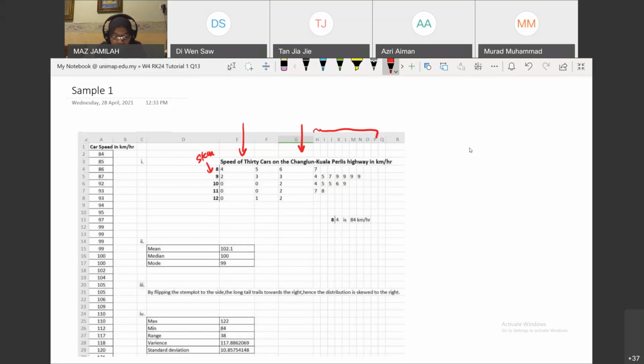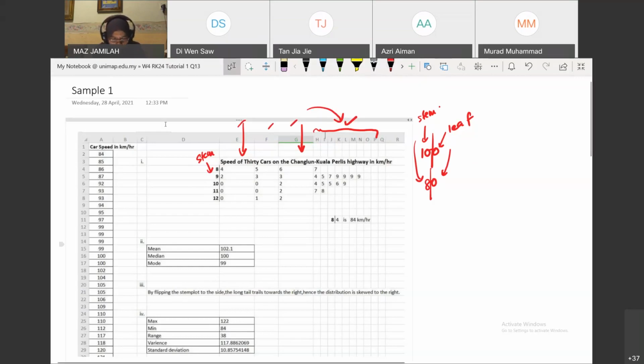So the stem will involve the rest of the digits before the last. If you have, say, 100, this will be your leaf, and the rest will be the stem. If you have 80, then you will have this particular division. For this particular case, it becomes a bit unorganized because the column is not equally distributed. For example, if you have this particular setting, then this one should follow this.